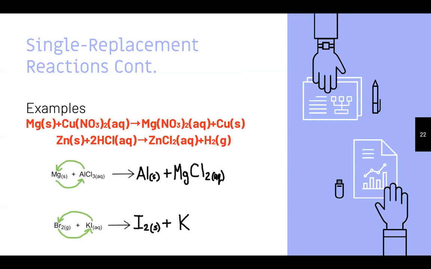That's why it's important to understand the periodic table of elements, to understand what are metals, what are non-metals, and so forth. The Br takes the K spot in KI, and that forms I2 plus KBr. The examples above show a little bit more complex ones. If you want to take a look at those as well, but I do think the pictures down below are good.